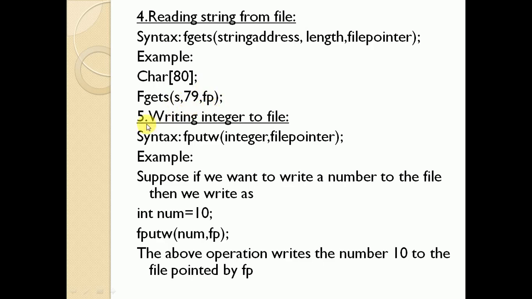So the next function is writing an integer to the file. You already know how to write the string and how to write the character. Now it's the same, only the function name is different instead of s, instead of c.